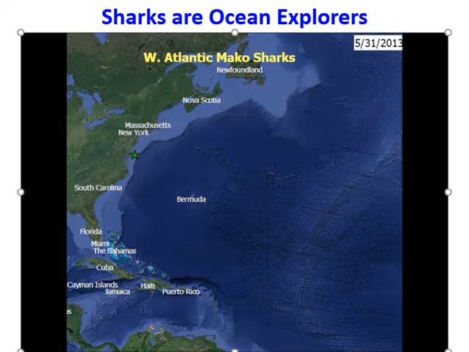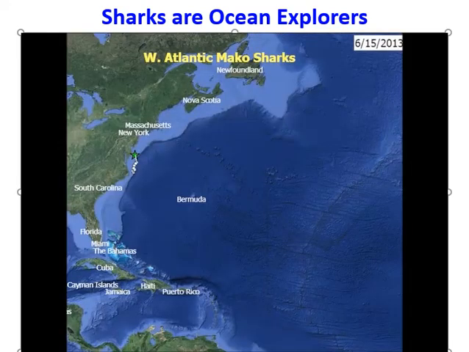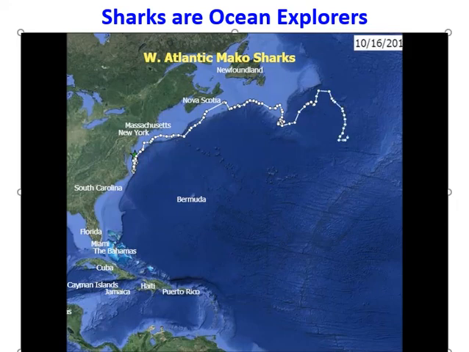So it started out searching this patch off of the coast of Maryland, and stayed there for about a month. And then it made this long-distance move to this other patch off of Canada.